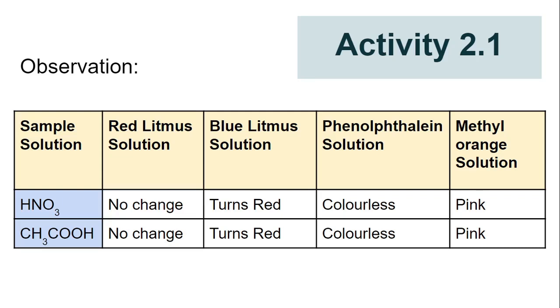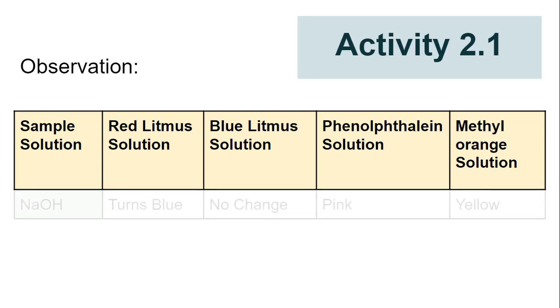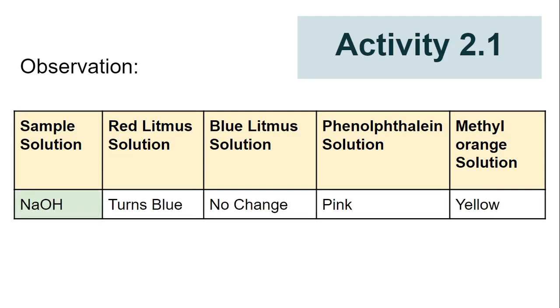Now we will take the base solutions in the watch glass and we will do all the tests for the bases. Let us see the observations for the bases. First of all, we will check NaOH, sodium hydroxide. As you can see in the table, sodium hydroxide turns red litmus blue. With blue litmus solution, there is no change.